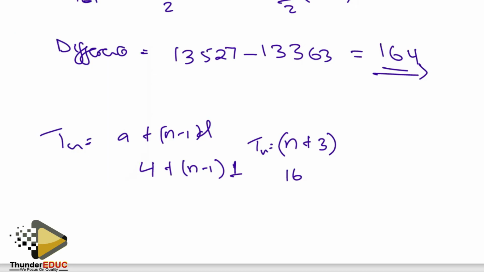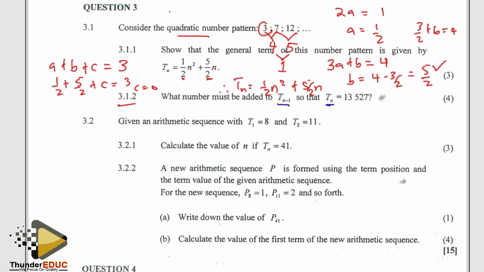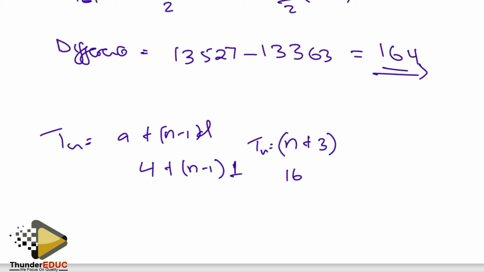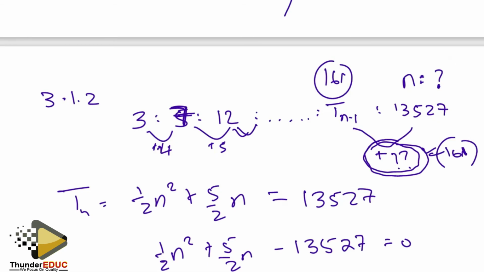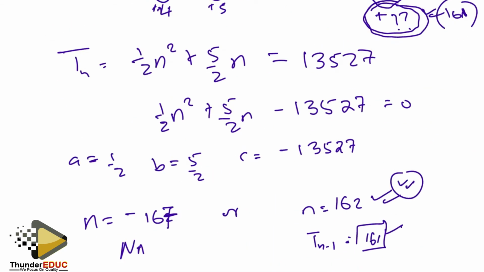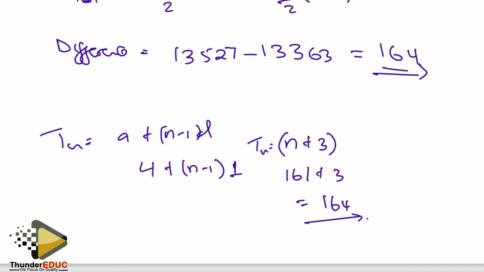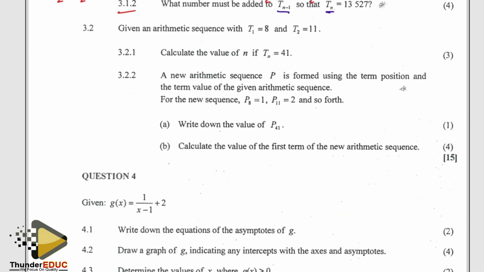Apologies, guys, my pen is acting up. So we're saying the position is 161 plus a 3, and then that gives us 164 as our answer. For as long as we get the position of the 13527, the rest is just an application. So that is 3.1.2.